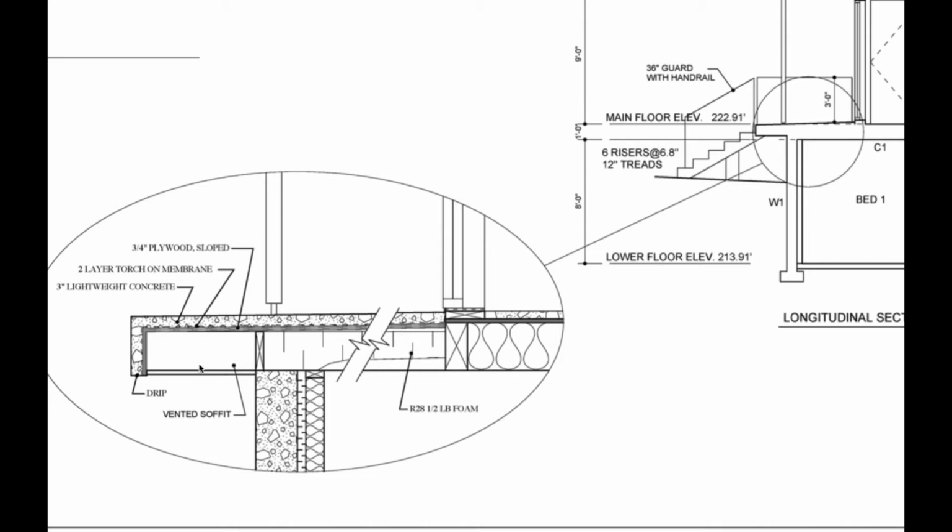And then on top you're doing a framed soffit, almost like a roof, but then you're going to pack it full of insulation. And then you're doing a layer of plywood, a layer of torch-on, and then lightweight concrete. So you're not going to allow any heat loss. You're going to allow less heat loss coming through there.